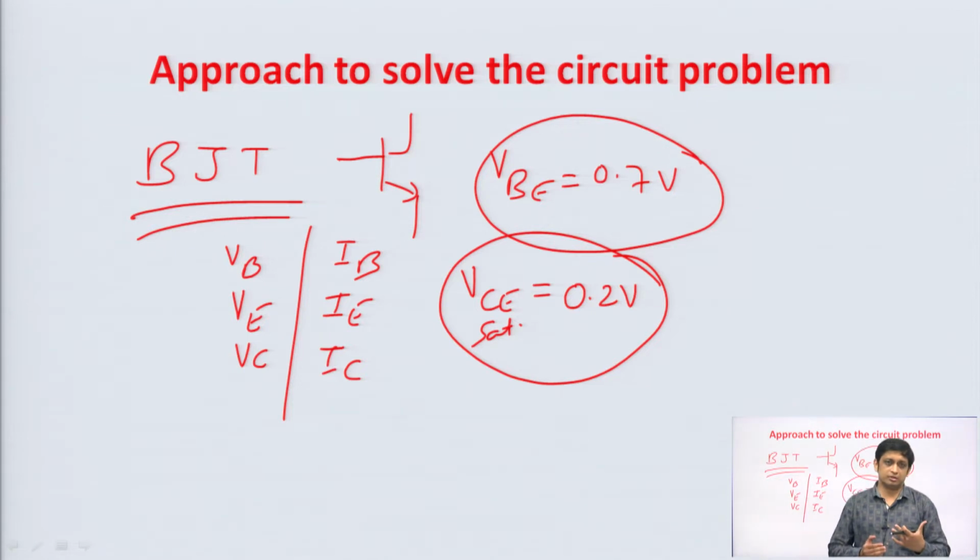So, how to find out the region of operation? Sometimes it is very easy to find out the region of operation of BJT just by observing the circuit, but it comes after a lot of practice. Fine. If we do not know the region of operation, then just assume that BJT is in active region.